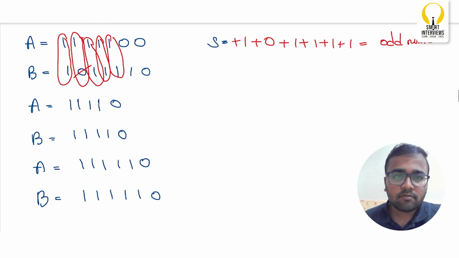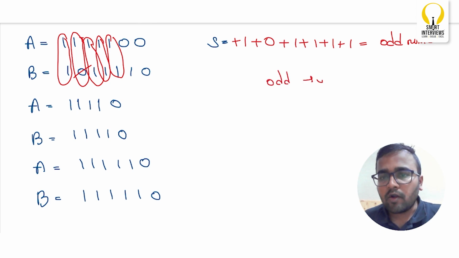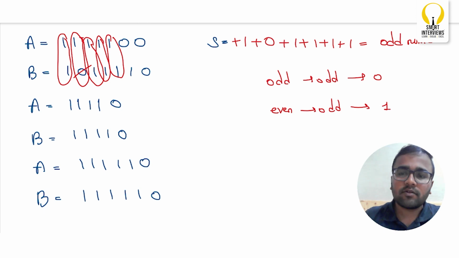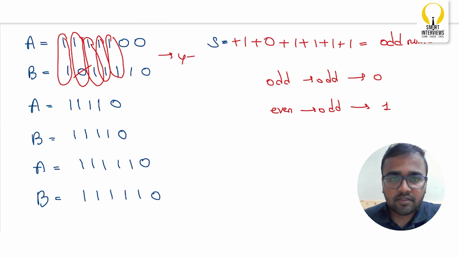To change a number from odd to even, we can simply pick 0. To change a number from even to odd, we can simply pick 1. You'll pick only if there is an option. Fine. So the output for this is yes.